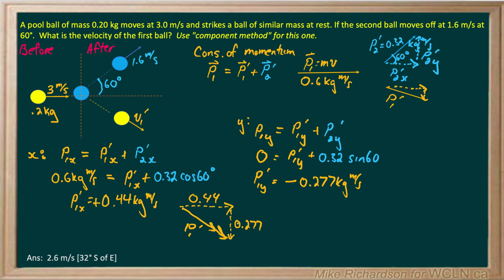And when I just simply do Pythagoras, I get my value. P1 prime is the square root of 0.44 squared plus 0.277 squared. And that gives me 0.52. So there's the value of P1 prime, but that's the momentum.